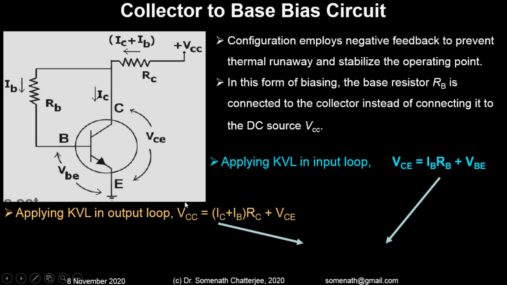Applying these two equations and simplifying, we can get IB equal to these values. It is a simplification, you can do it yourself also. So you will get IB equal to (VCC minus VBE minus ICRC) by RB.